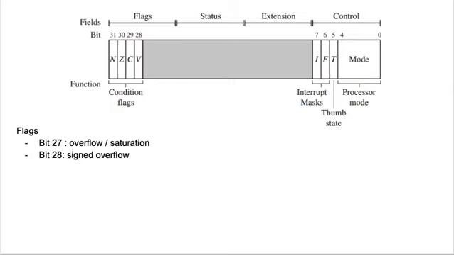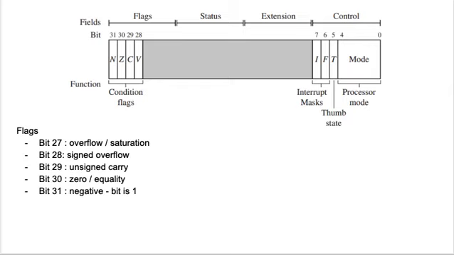Bit 27 is overflow and saturation, which is not shown in this diagram, but in the current ARM processor mode, bit 27 signifies overflow and saturation. Bit 28 signifies signed overflow. Bit 29 is unsigned carry.